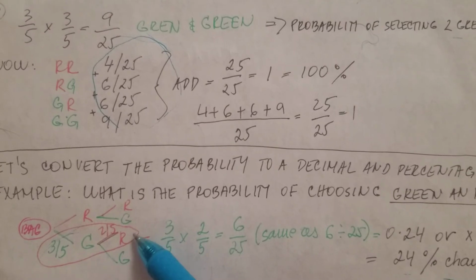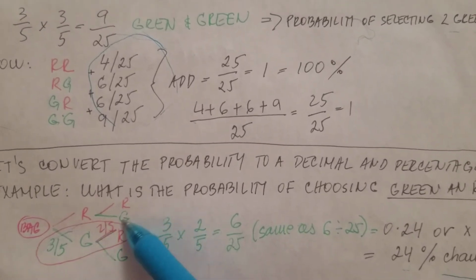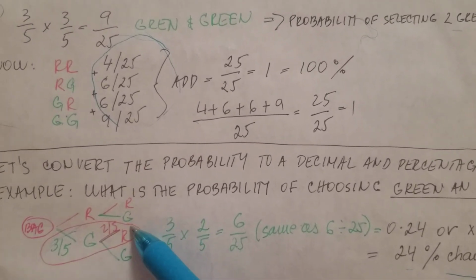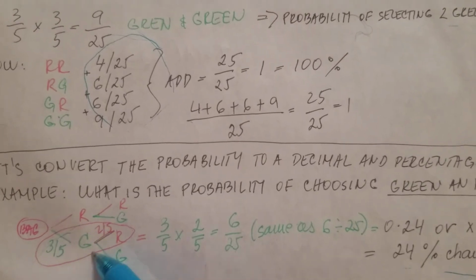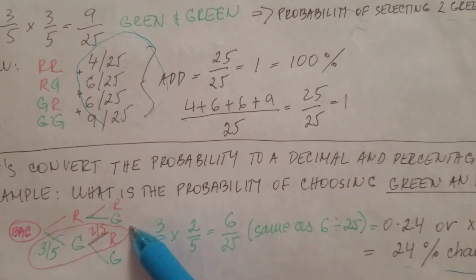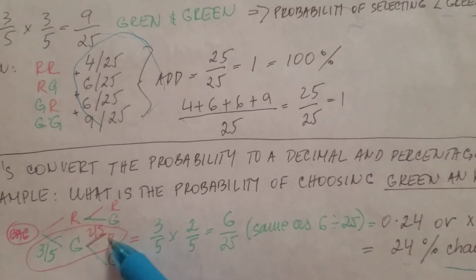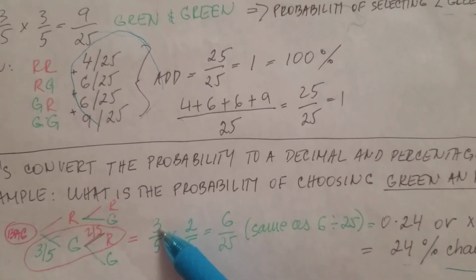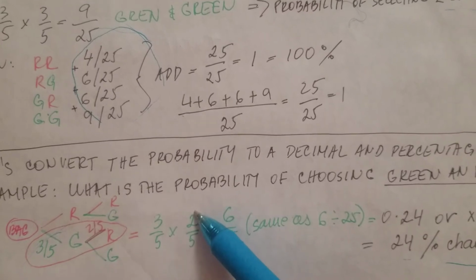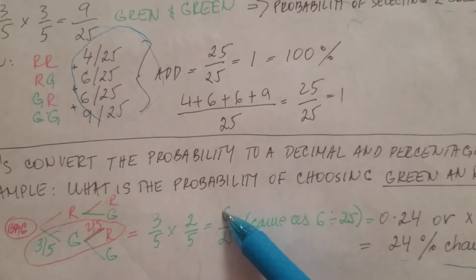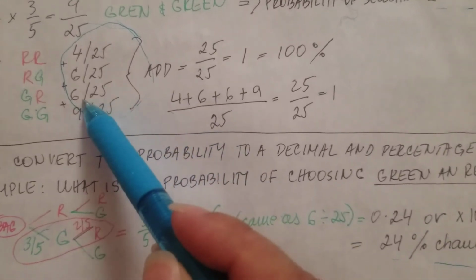Now on the second try, we choose red. So what's the probability, in percentage or decimal, of choosing green on the first and red on the second try? It will be 3 over 5 times 2 over 5, which is 6 over 25, which we already had.